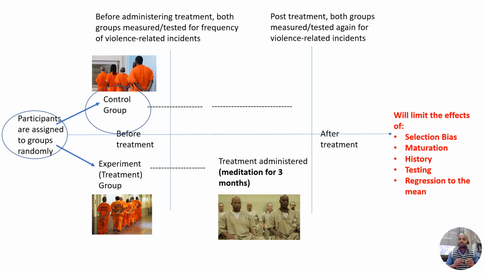It is because sometimes in some research, the participants decide whether they want to undergo the treatment or not, and that can impact the research results. So if the participants decide that none of us want to undergo the treatment, or some of us want to undergo the treatment, then sometimes you have some confounding variables or extraneous variables that might creep into the research.